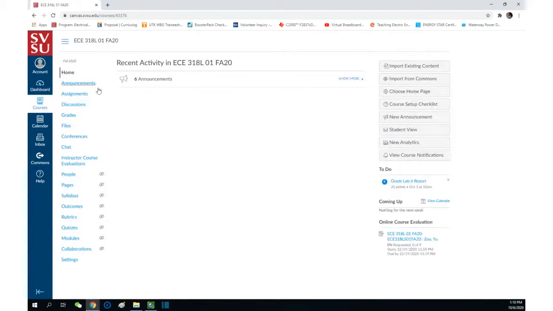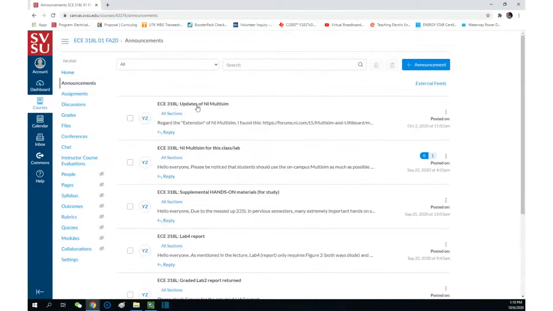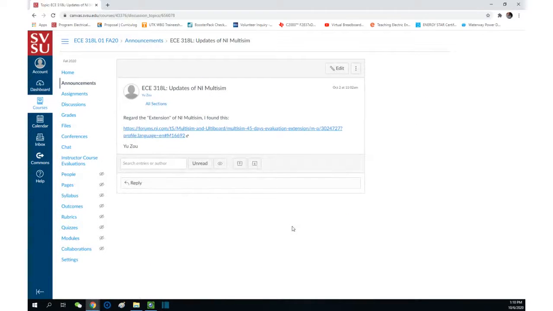we had an announcement, a little bit of updates about the Multisim. Has everybody seen this? Yep, I didn't look too thoroughly into it, but I did see the announcement. This is just a forum, the official forum from NI, so it's more convincing. It's not like some electronics forum where information cannot be guaranteed accurate.